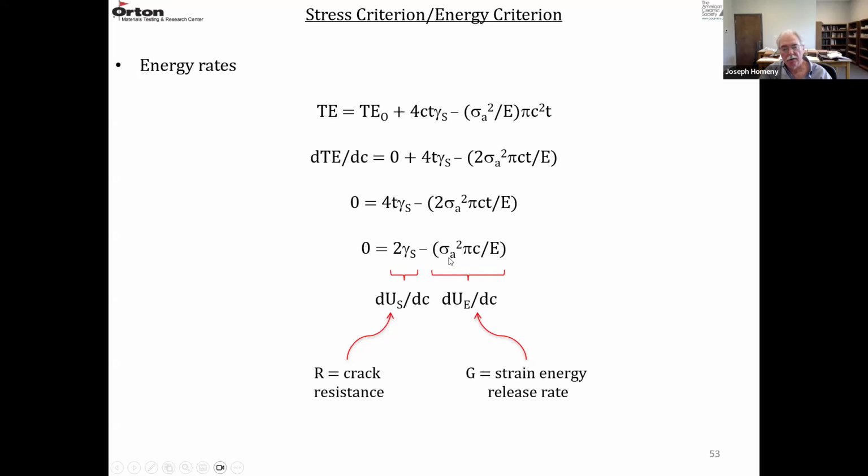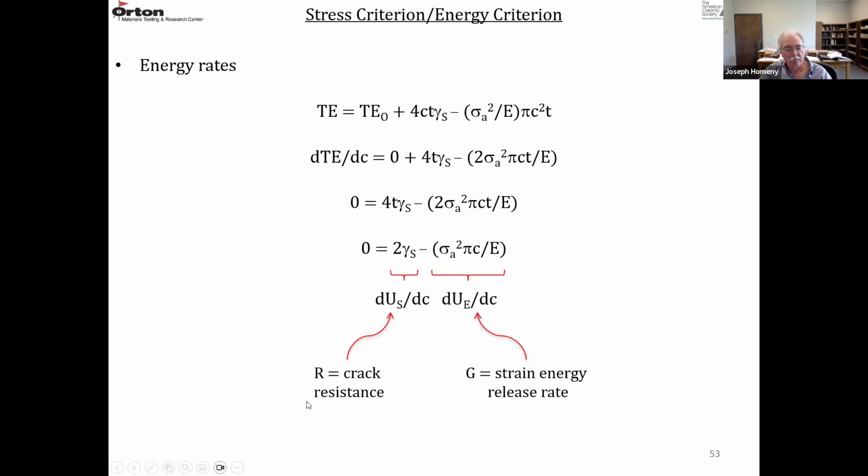So that's σA squared πC divided by E. So these are important fracture mechanics terms: the crack growth resistance R and the strain energy release rate G.